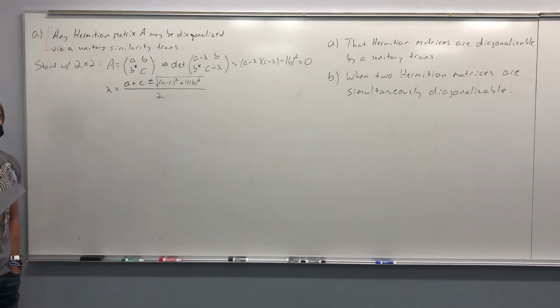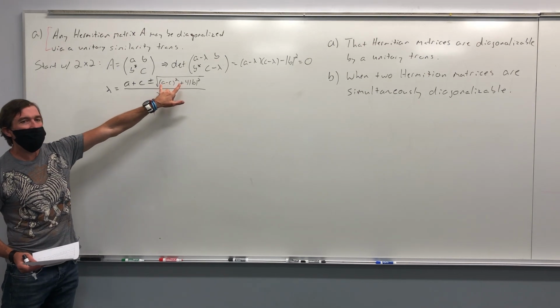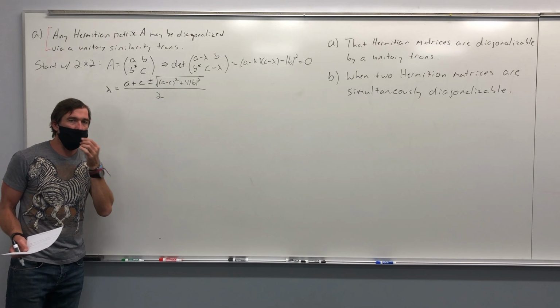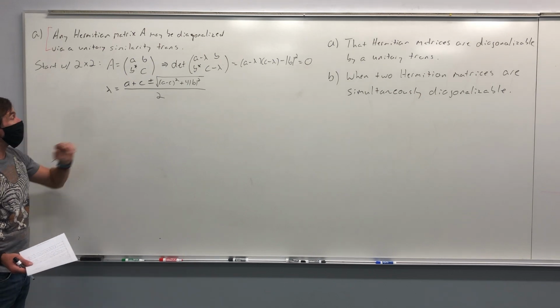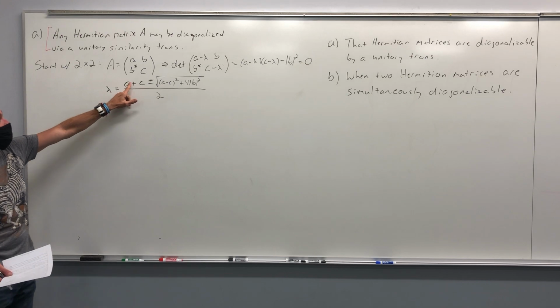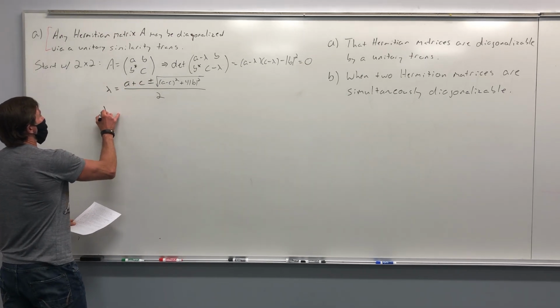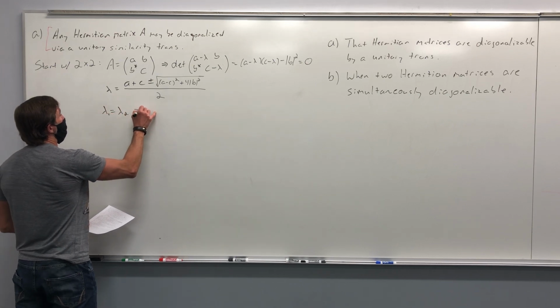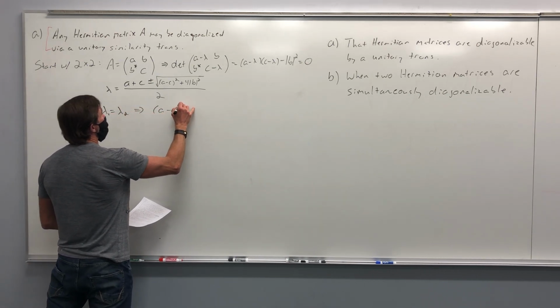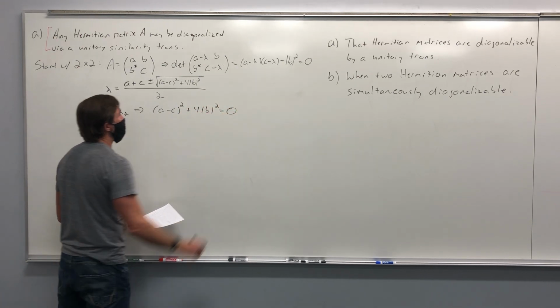Now, if I want the values of lambda to be degenerate, what needs to be 0? The whole square root. Exactly, the term under the root, because this being non-zero is where we get two distinct eigenvalues. But if we want the two eigenvalue solutions to be the same, then we want this root to vanish, and so the result is going to be A plus C over 2. But what does that mean? (A minus C) squared plus 4B squared equals 0.